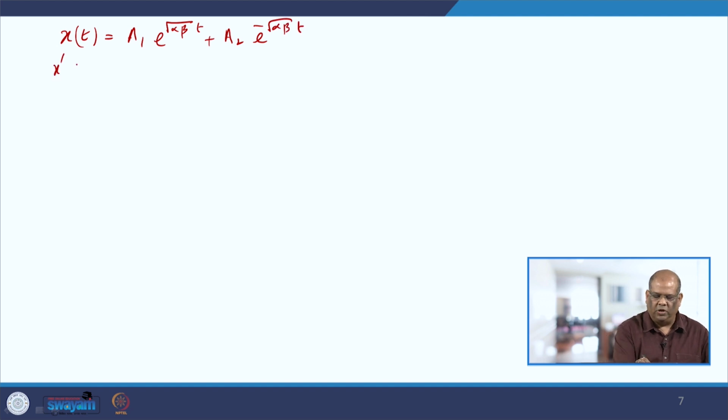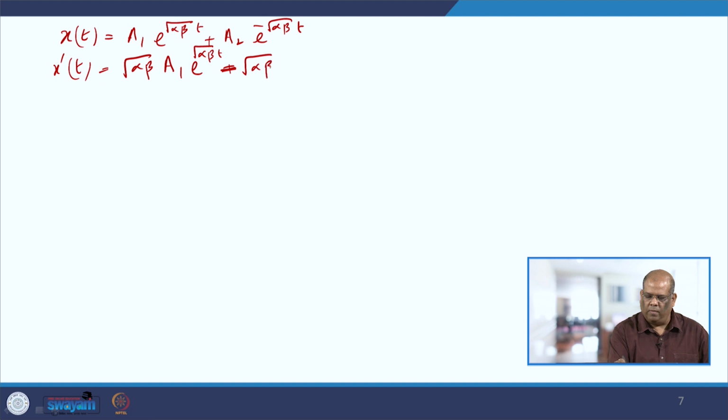I just differentiate it once, then I get root alpha beta a1 e to the power root alpha beta times t minus root alpha beta a2 times e to the power minus root alpha beta times t. The reason I have to differentiate it is that there are two arbitrary constants a1 and a2 and I need two equations.